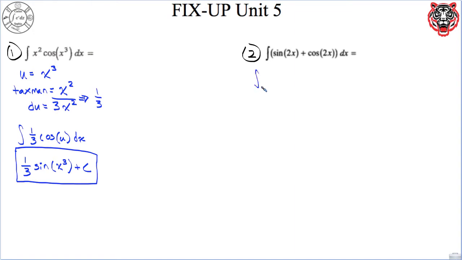So this is going to be the integral of sine of 2x dx, and we're going to add that to the integral of cosine of 2x dx. All right, so now for this one we're in trig house.